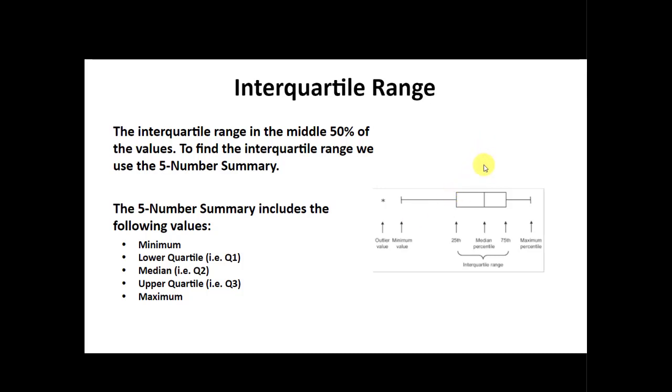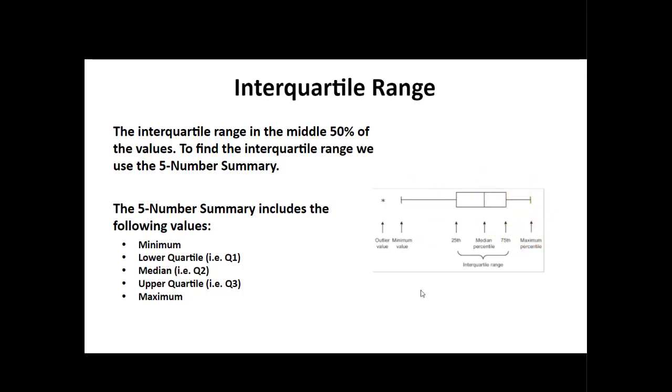The median cuts the data set exactly in half, so that 50% of the data is less than the median and 50% is more. And then the first quartile cuts it again in half between the median and the minimum, and the third quartile cuts it again in half between the median and the maximum.